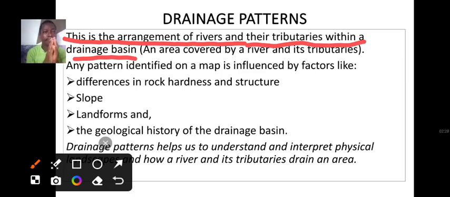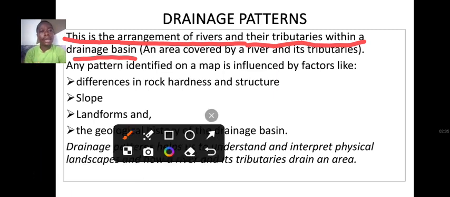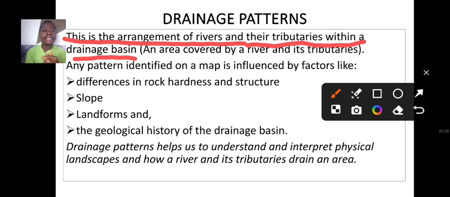Any pattern identified on the map is influenced by factors such as the difference in rock hardness and structure, how hard or soft the rock underlying that topography is, which can influence how the pattern of the river is going to be. The slope, the landforms, and the geological history of the drainage basin can also influence the pattern of a river at a particular place.